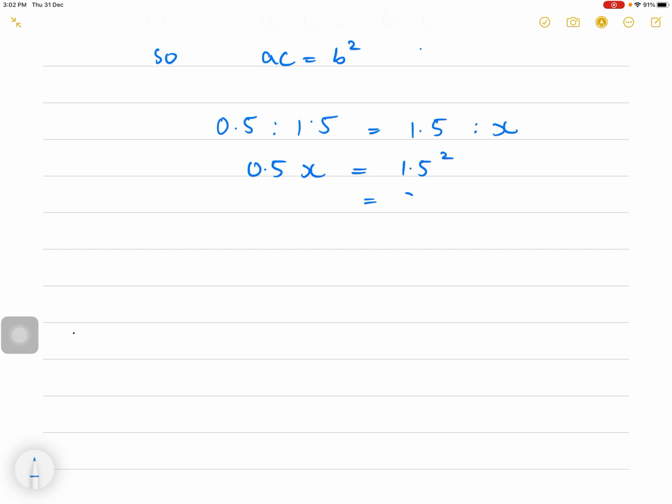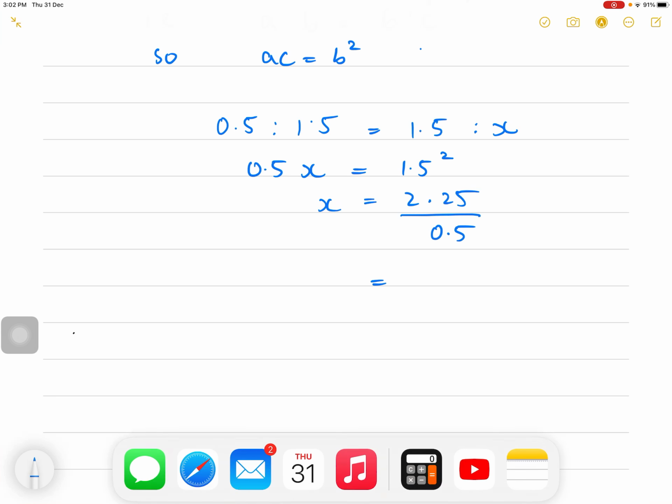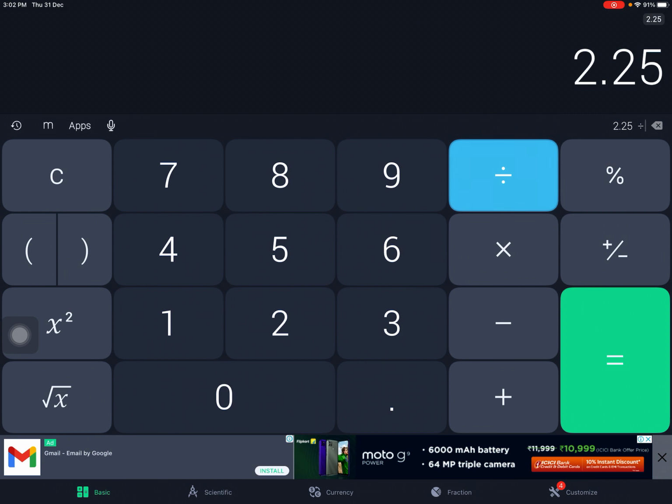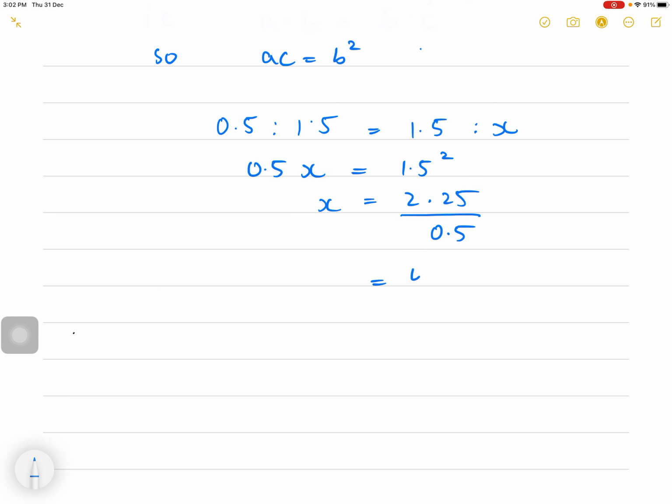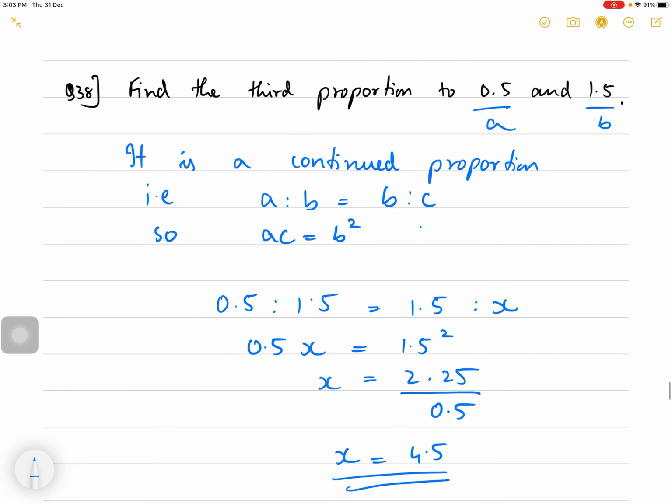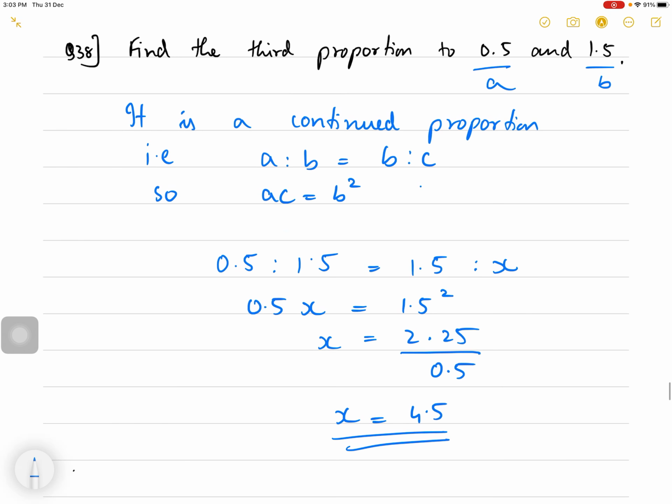So 1.5 square is 2.25, and x is equal to, 0.5 taken to the other side, multiplication becomes division. So you have to divide by 0.5. Okay, so 2.25 divided by 0.5 comes to 4.5. So x is equal to 4.5. Therefore the third proportion is 4.5.